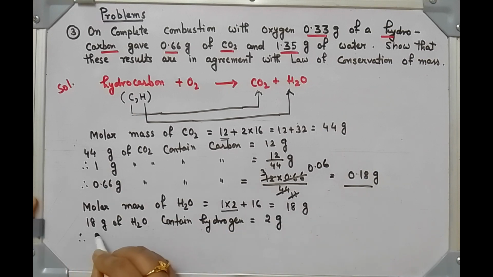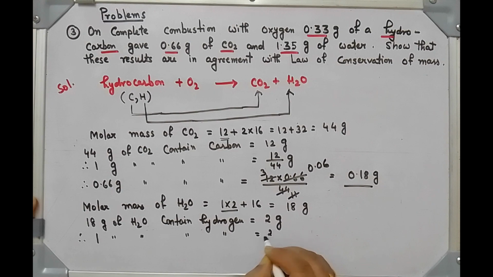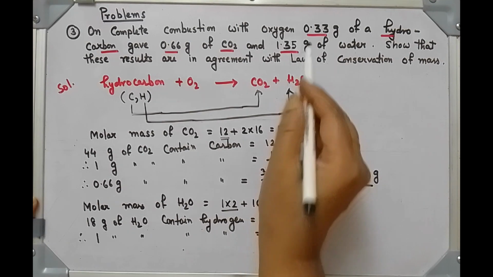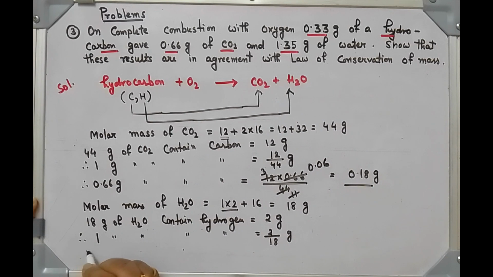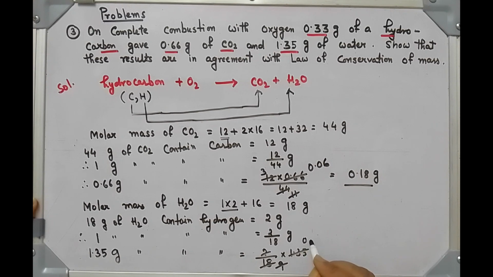Therefore 1 gram water contain hydrogen 2 by 18 gram, so 1.35 gram of water contain hydrogen 2 by 18 into 1.35. It is coming 0.15 gram hydrogen.